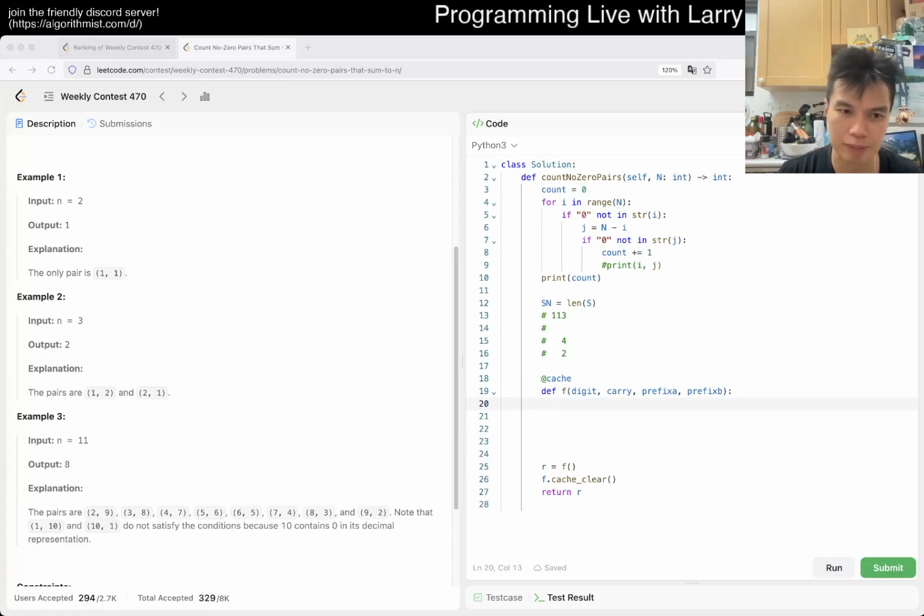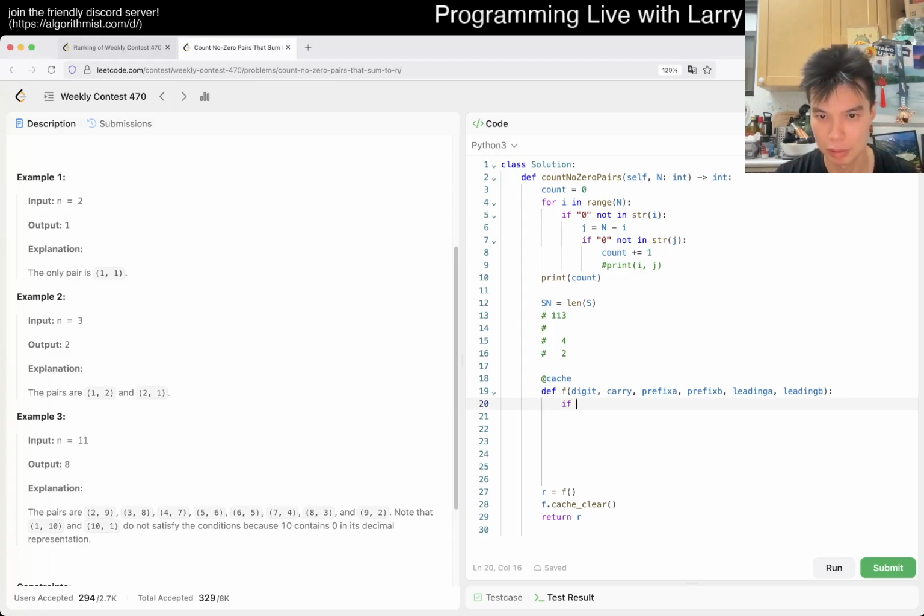Can I do 27 minutes? Maybe leading suit. Okay, so now what does it look like?